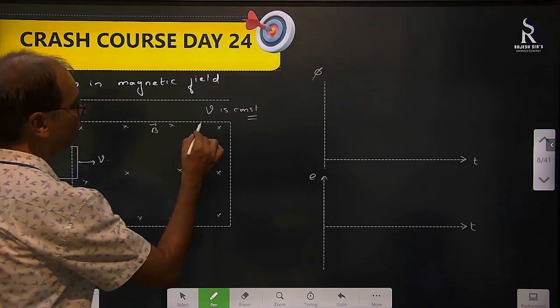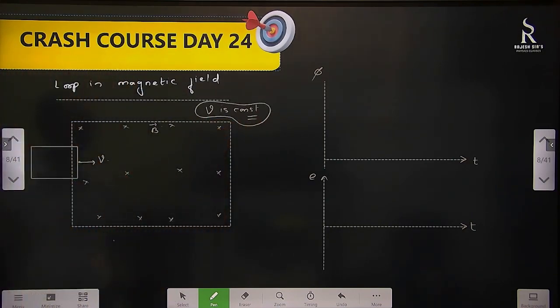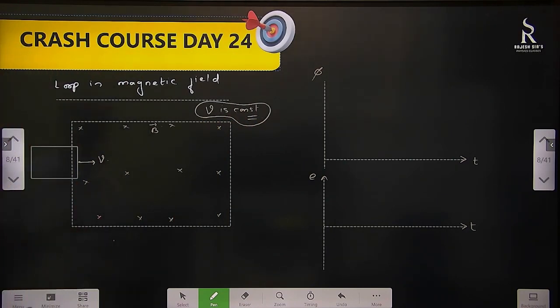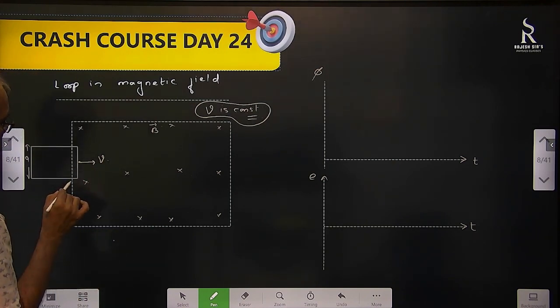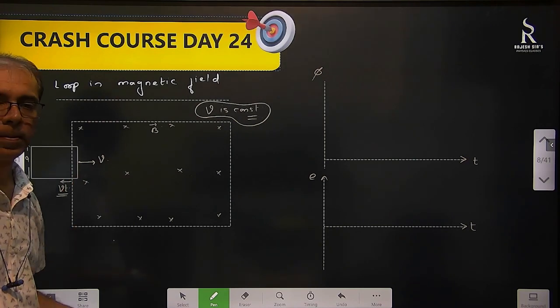And here we have taken v as constant, so at a constant rate its area is changing. Now if I assume that this length here is a, and it is entering with v, then this length is going to increase with vt every time, because it's going to move vt.